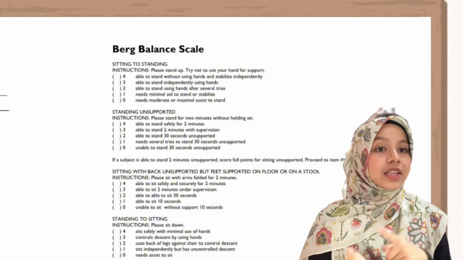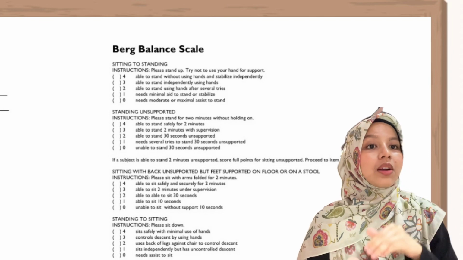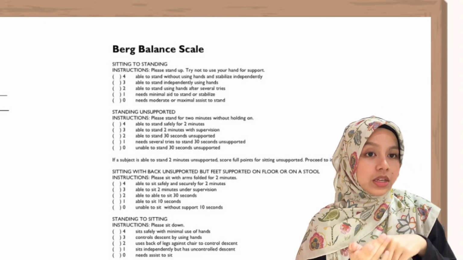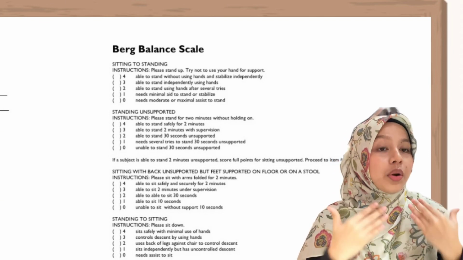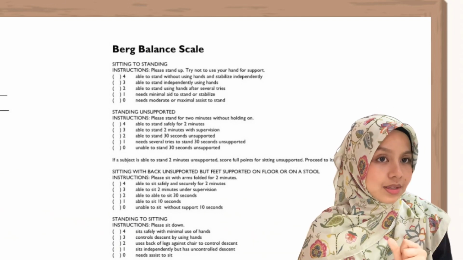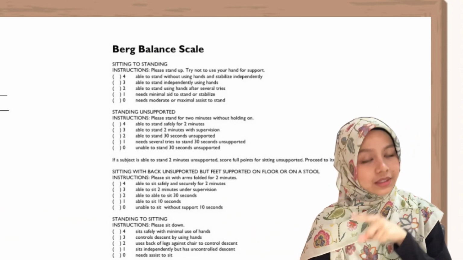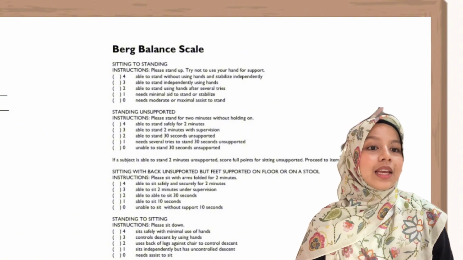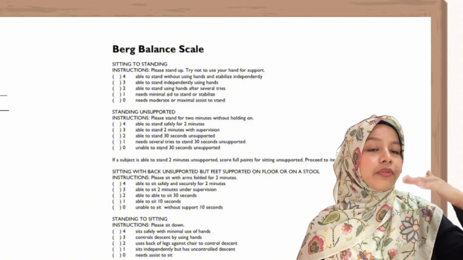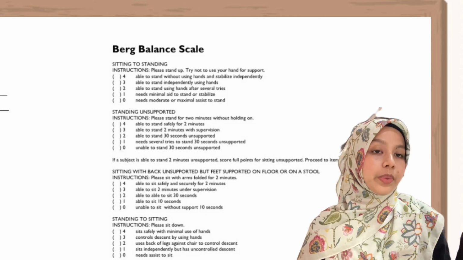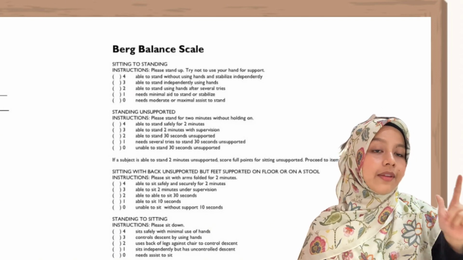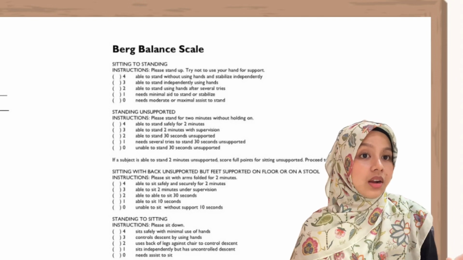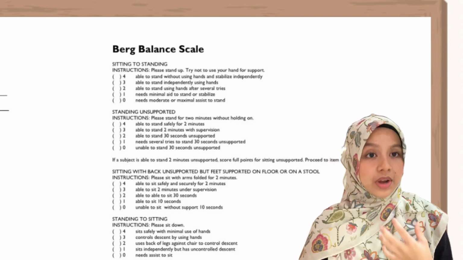So the physiotherapist will score 4 for the patient that can stand on their own without using their hands. So this is an example of the Berg balance scale test. All the 14 items will be scored by the physiotherapist, depending on their ability and their strength.